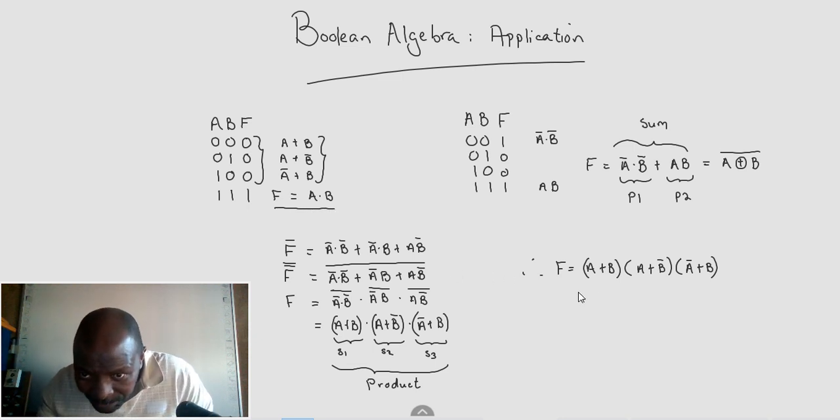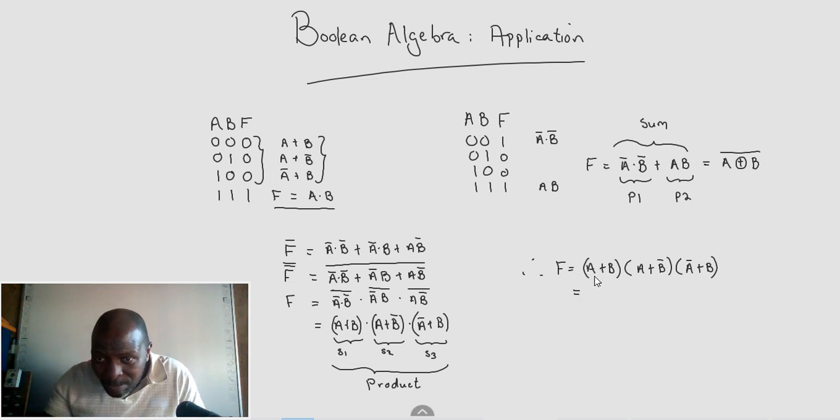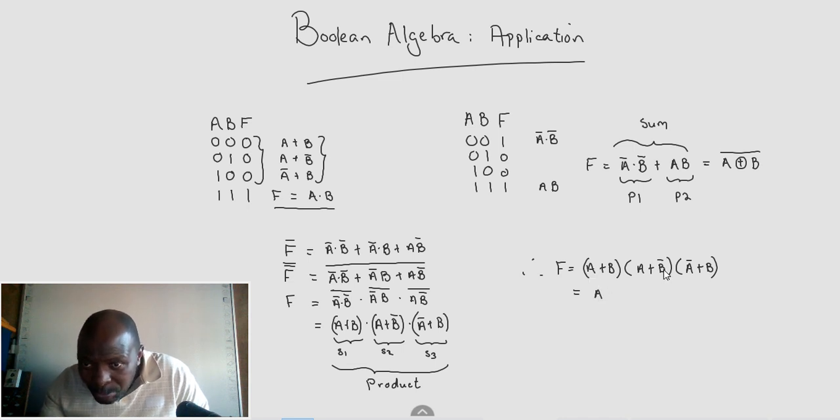Let's say we need to expand this. Now we apply the rules. A times A is A. A times not B is going to be not A, not B, but already there's a term in A. Let me rather do it so that it's clear, because I might lose the following.